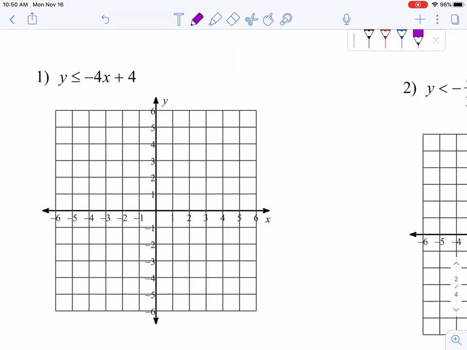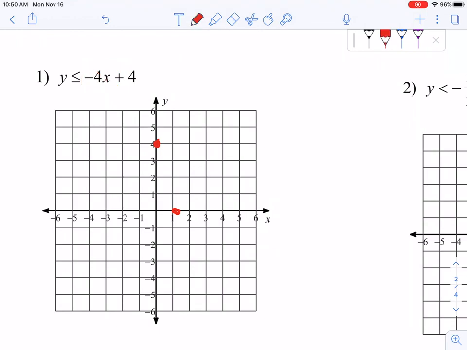So we use M and B to graph. My B here is 4, so I'm going to begin at 4 and put a point. My M is negative 4 over 1, so I'm counting down 1, 2, 3, 4, and then over 1 and putting a point. Once I've put those 2 points, then I'm determining, is this going to be solid or dashed?